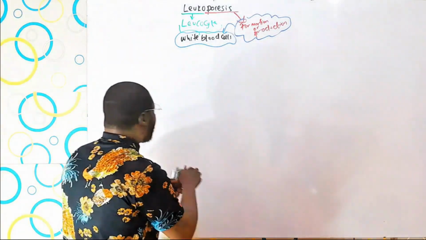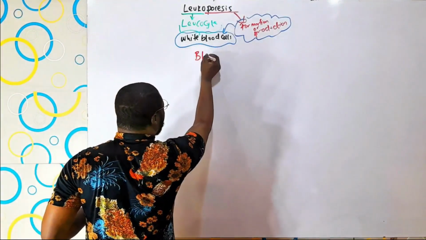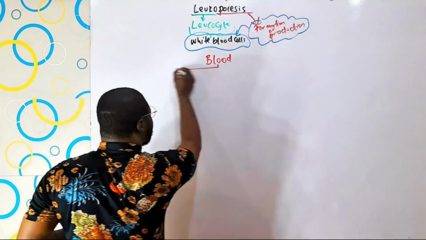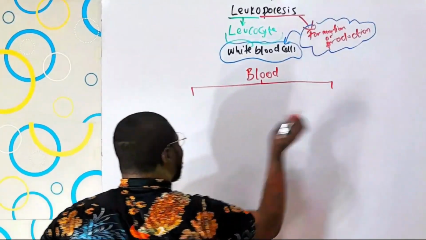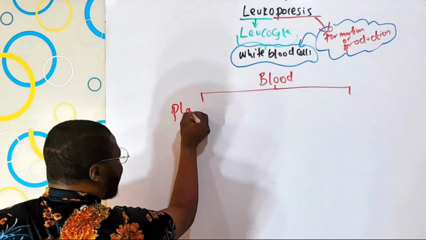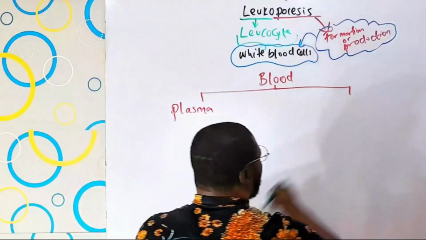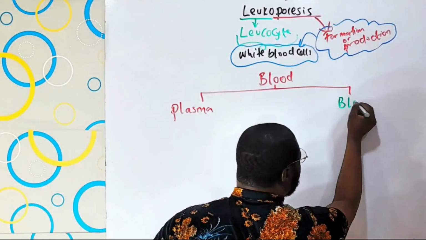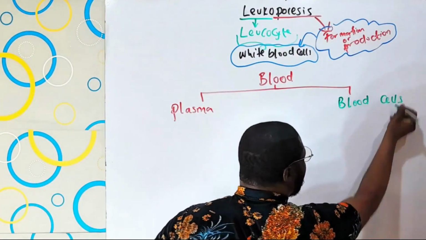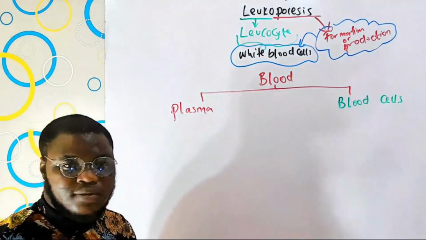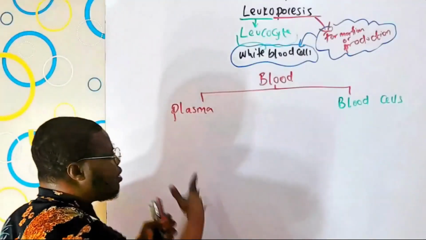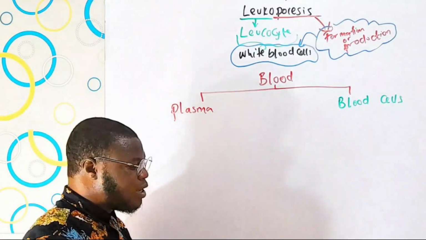We said the blood itself is mainly made up of two things. The first one is called the plasma, and the second one is called the blood cells, or the formed elements. The plasma is produced by the liver, and it is yellowish in color.